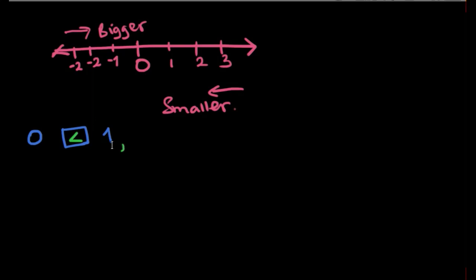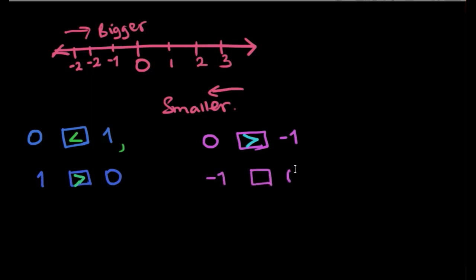Or in other words, 1 is greater than 0. Now, if we look at the side of negatives, if we have 0 and then negative 1, note that 0 is bigger, or in other words, negative 1 is less than 0.